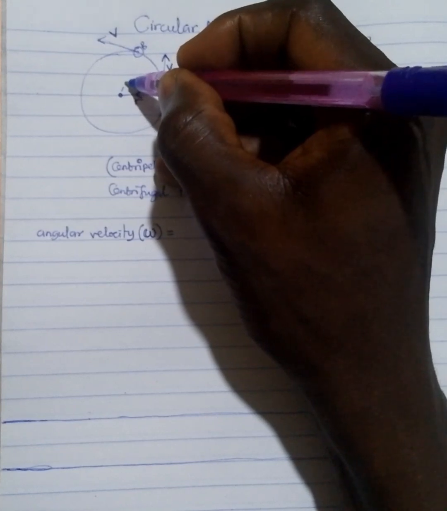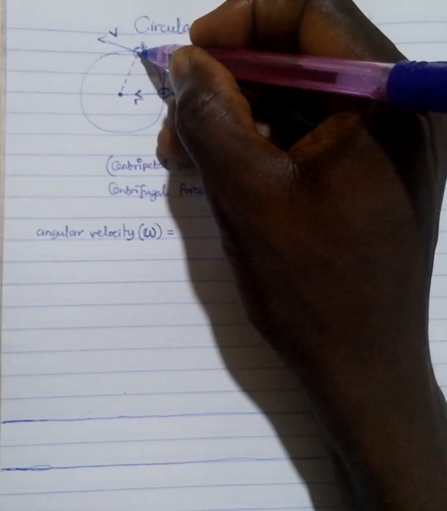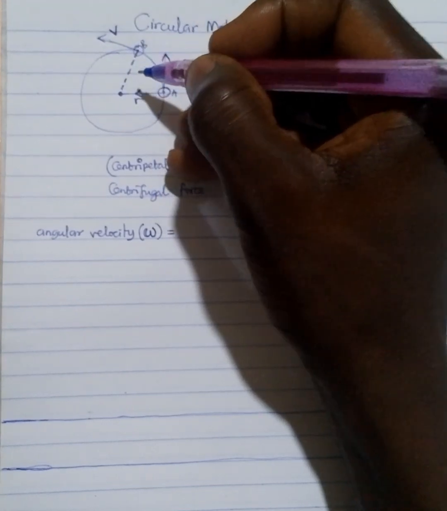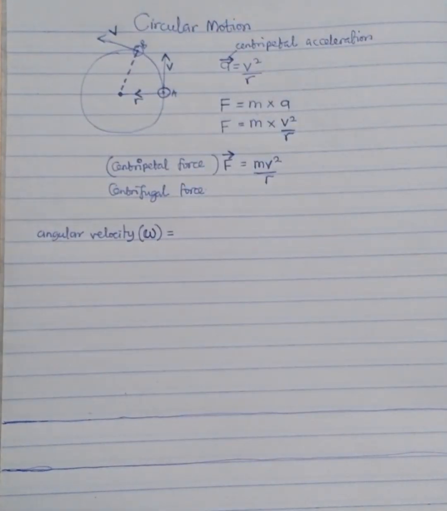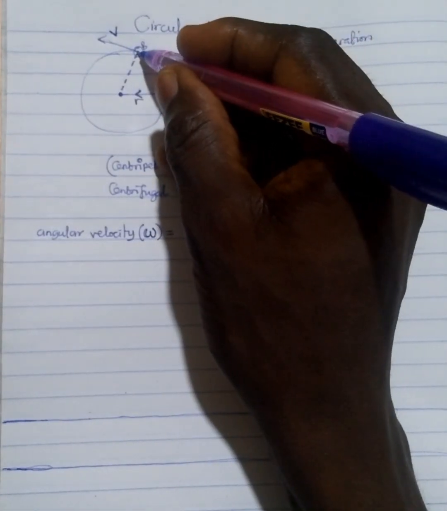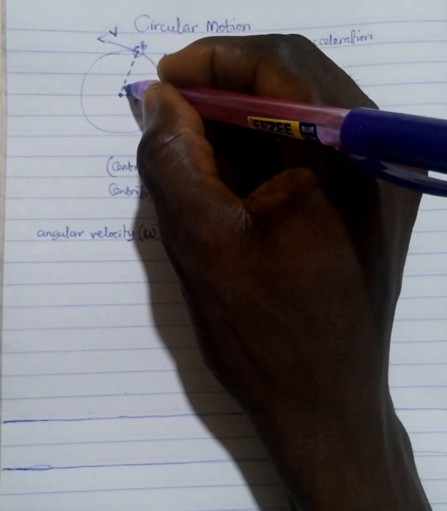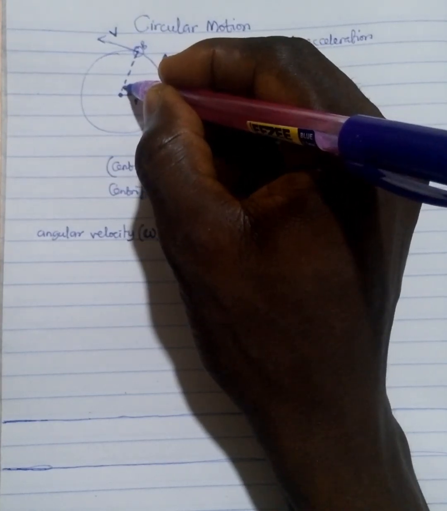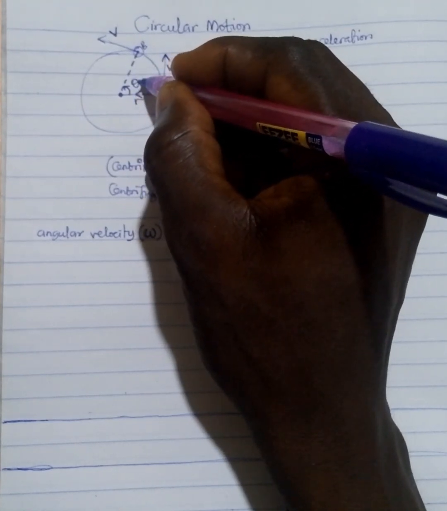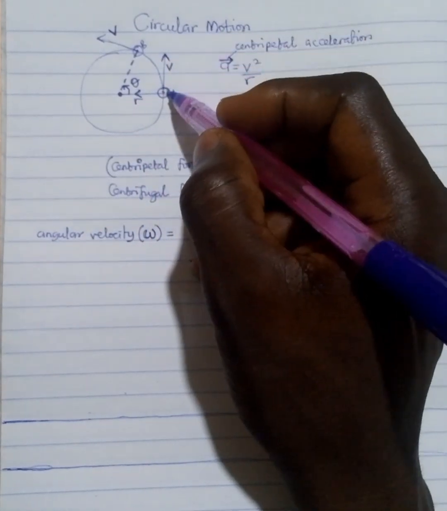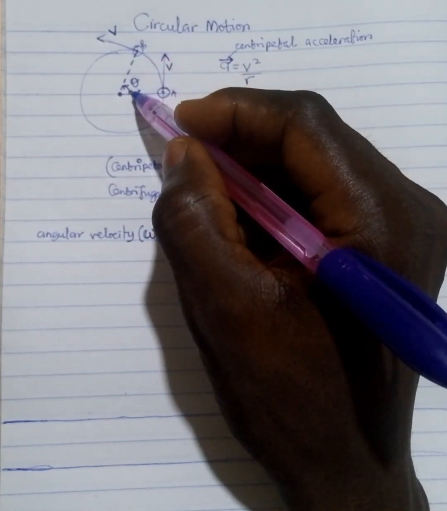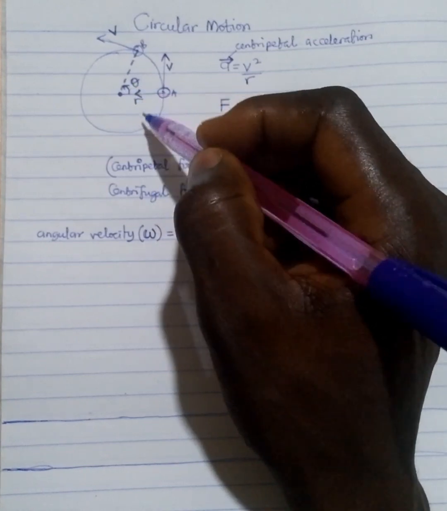Let's draw the length of the rope, which is also the radius of the circular path. For the stone to move from point A to point B, it must have covered some angle called theta.